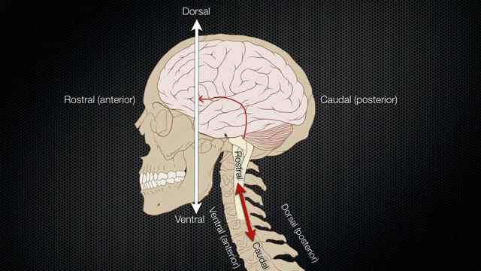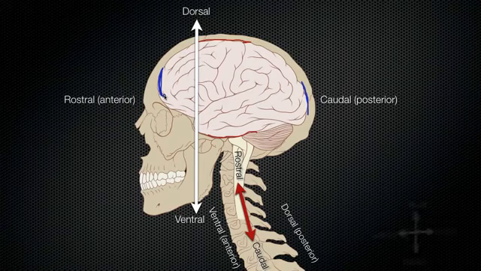So the ventral surface of the brain would be this surface here. The dorsal surface of the brain would be towards this surface. Caudal surface or the posterior surface of the brain would be this end, and the rostral or anterior surface of the brain would be towards this part here.